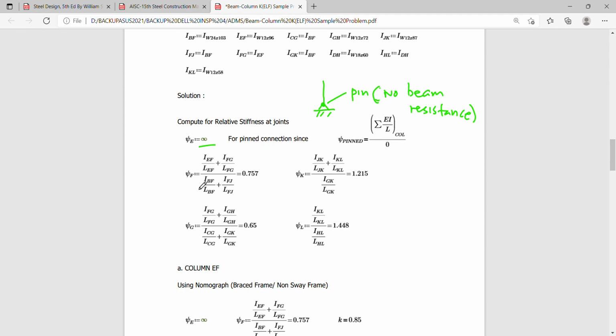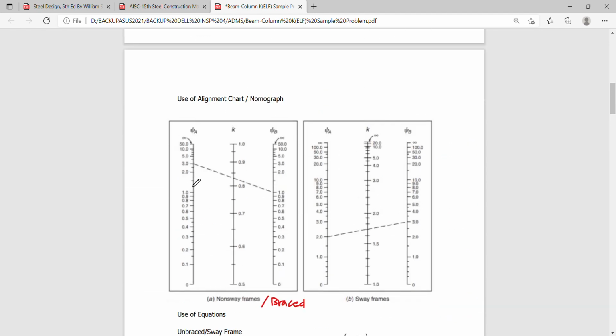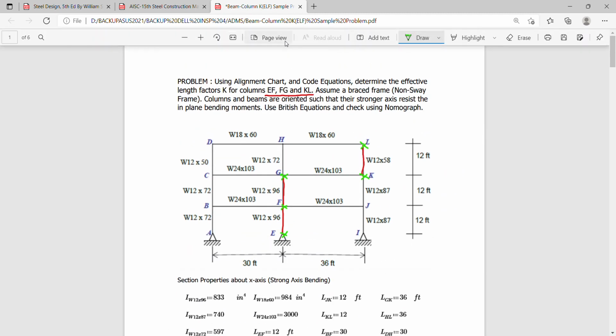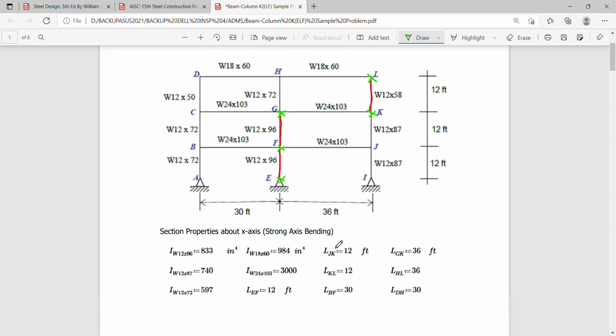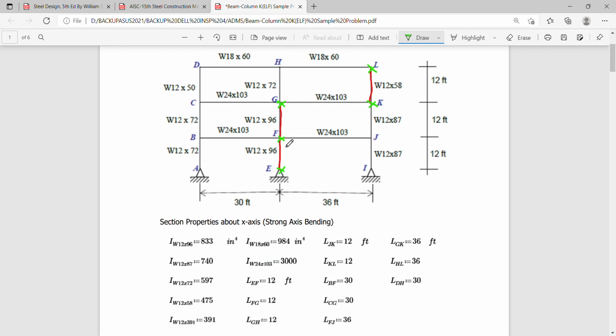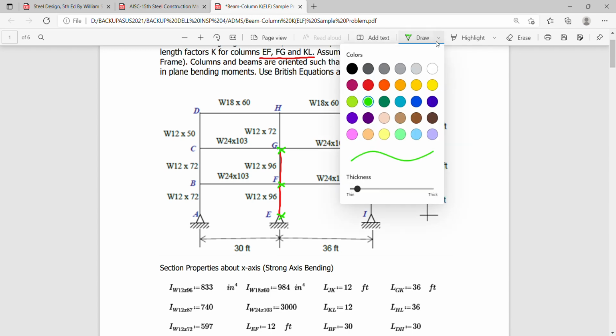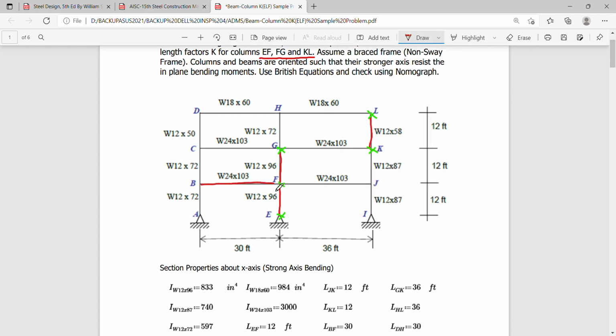For the next column, where psi F is to be taken, we just refer to the figure, taking note that at F you have 2 columns and 2 beams connected at this particular joint.